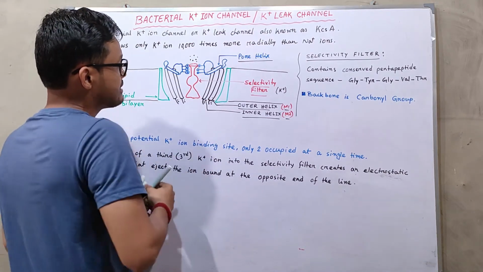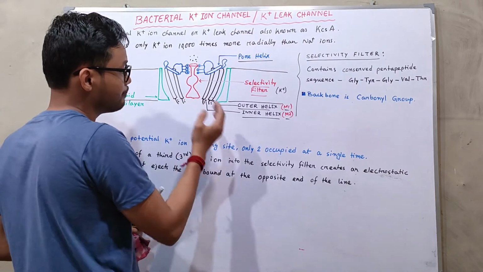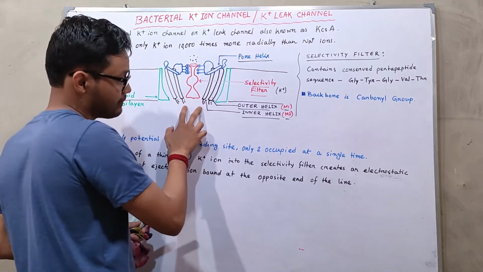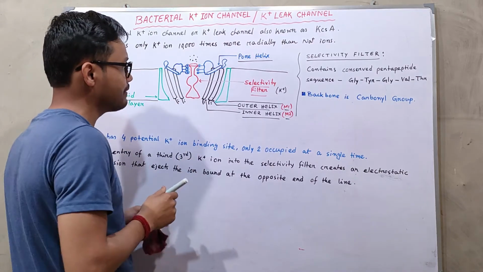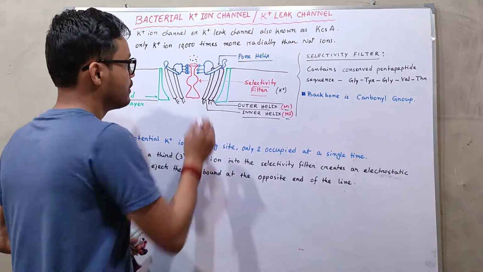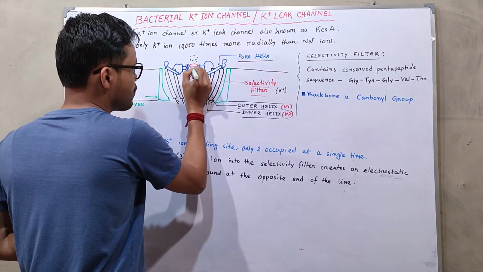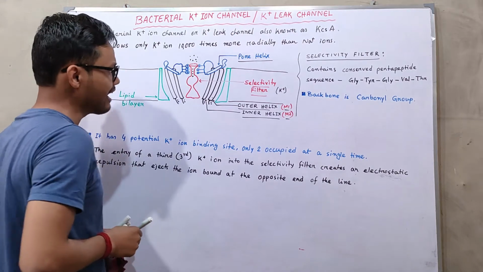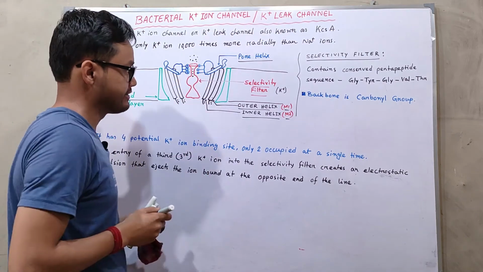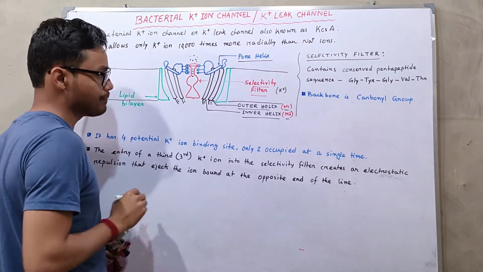The selectivity filter is present between these two inner helix structures, and it has four K plus binding pockets, but at a single time only two are occupied by K plus ions.